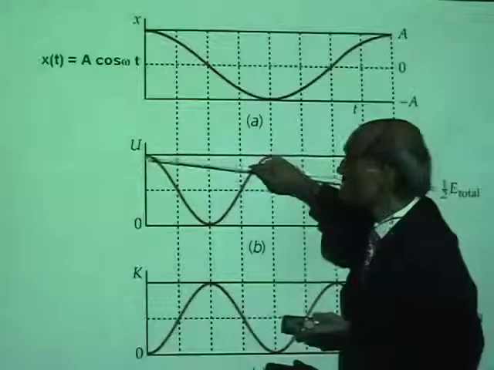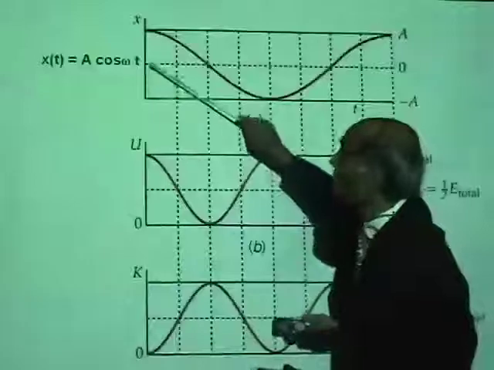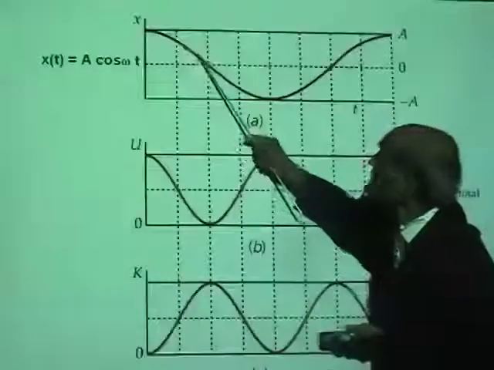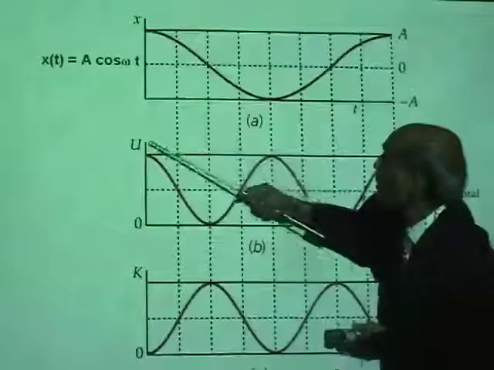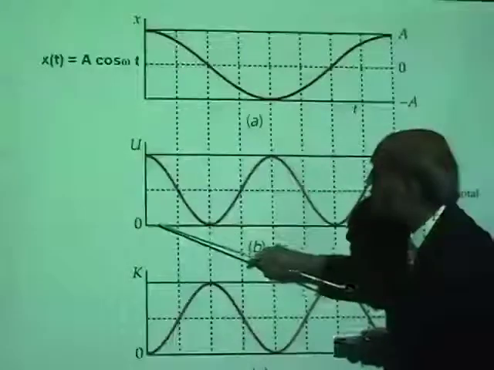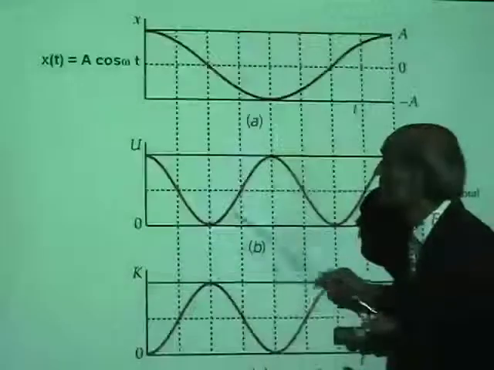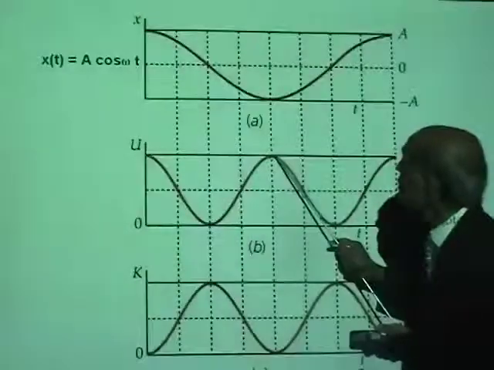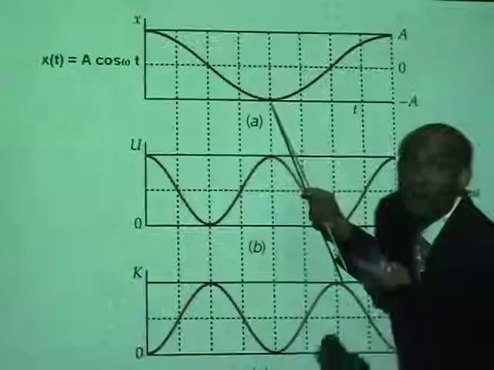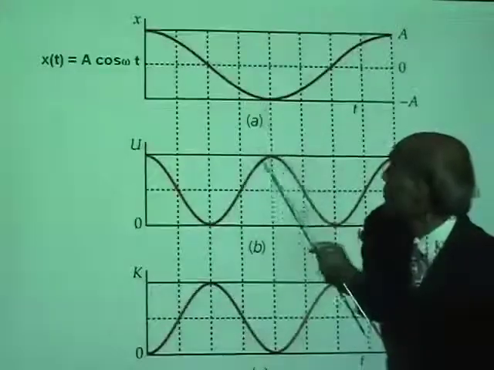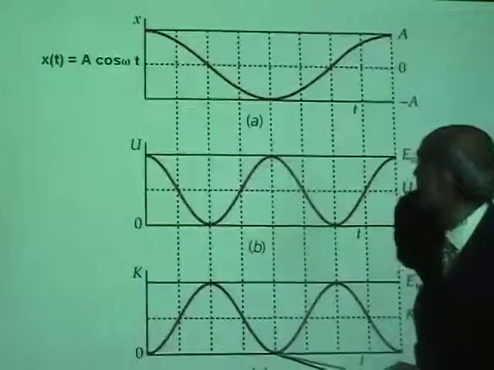Potential energy is maximum, kinetic energy is 0. Now, when x is 0, potential energy is 0, kinetic energy is maximum. When x is at the other extreme, at the negative maximum, potential energy is maximum, kinetic energy is 0.